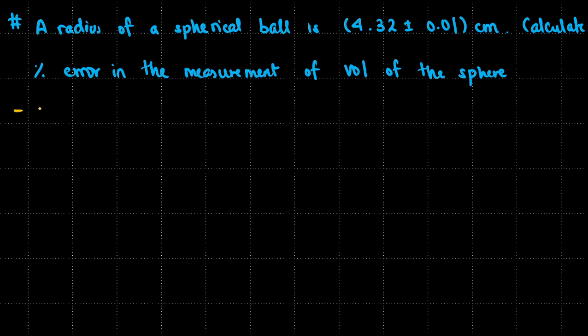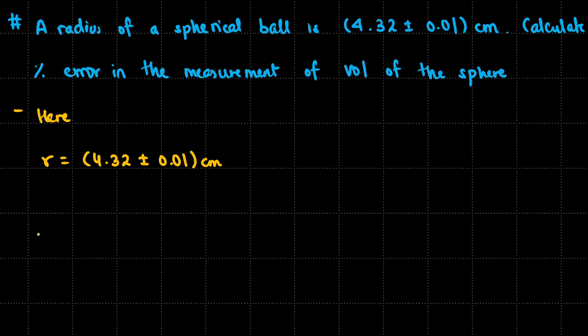So first of all, let's write the given values. Here the radius is 4.32 plus minus 0.01 centimeter, where 0.01 is the uncertainty and r is the radius.